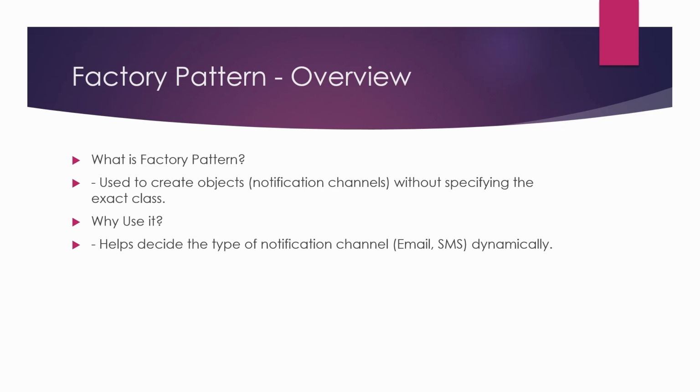Moving on to the factory pattern, which is useful for creating objects without specifying the exact class of object to be created. For our notification system, the factory pattern will decide which notification channel to create, like email or SMS, based on input from the user or system configuration.